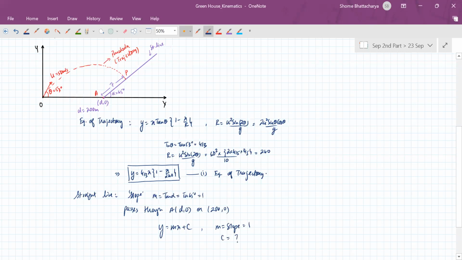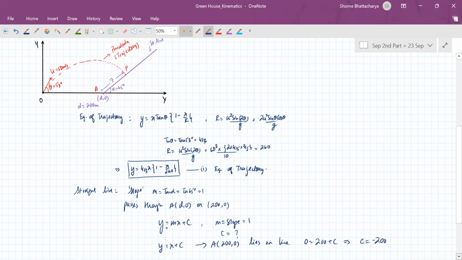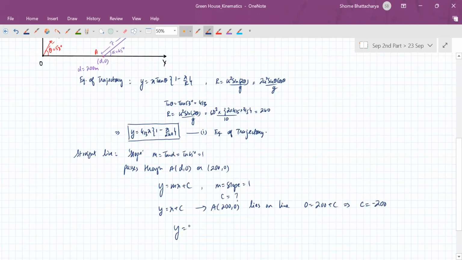C we have to calculate, but the point A, which is 200 comma 0, lies on the line. So we have 0 is equal to 200 plus c. So that means the value of c is minus 200. So the equation of the straight line here becomes y is equal to x minus 200.